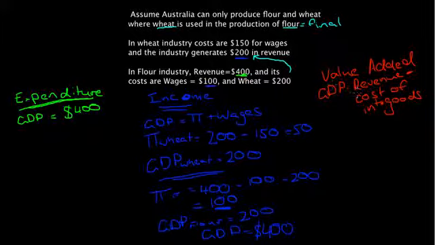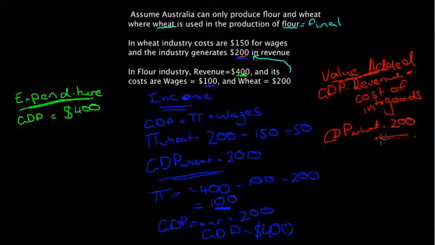Using the value added method, we do this for each of the industries. For the wheat industry, we have $200 in revenue. So the GDP for wheat equals 200 minus the cost of any goods used to produce wheat, and they have no cost for anything else used to produce wheat because that is the first good that we use.